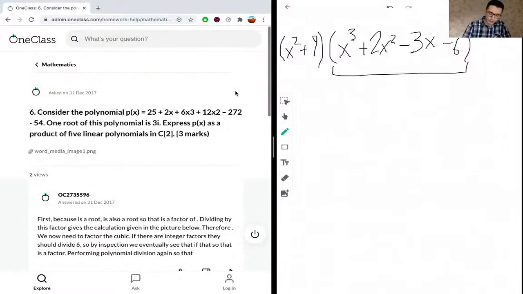So the rational roots test is essentially as follows. We look for plus or minus factors of a naught, I'll just write f for factors, divided by factors of an.